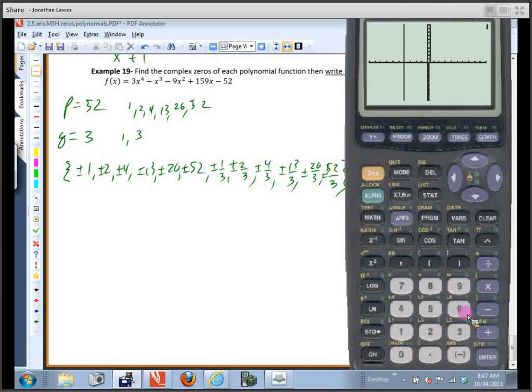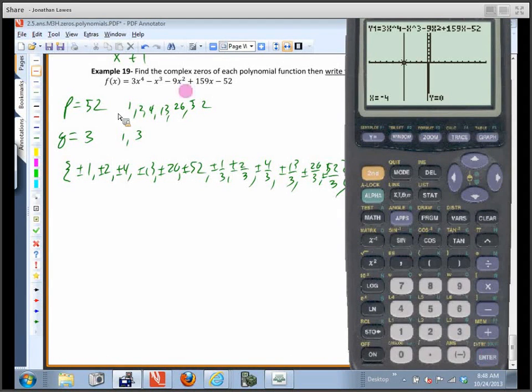And we're going to wait for it to graph. Okay, now, some of the possibilities were outside this window. But isn't that a point where it crosses right here? I could hit trace. That looks like 1, 2, 3. That looks like -4. So I'm going to type in -4. Does -4 work? It does.